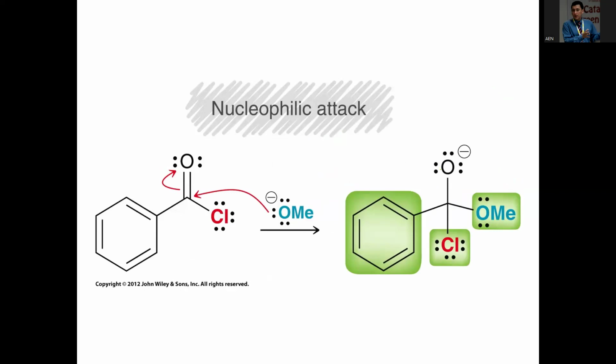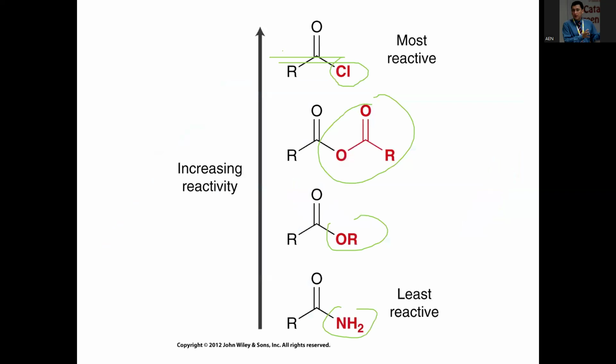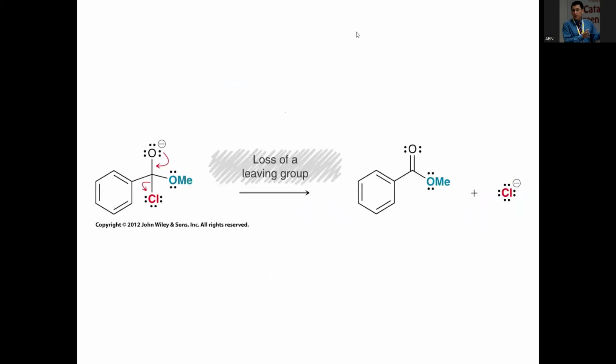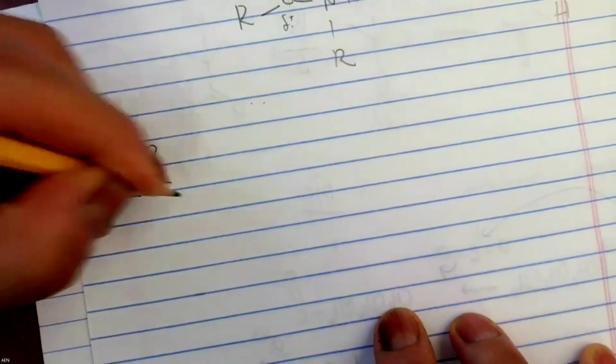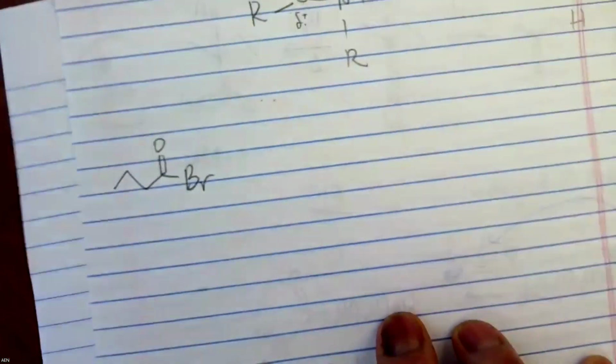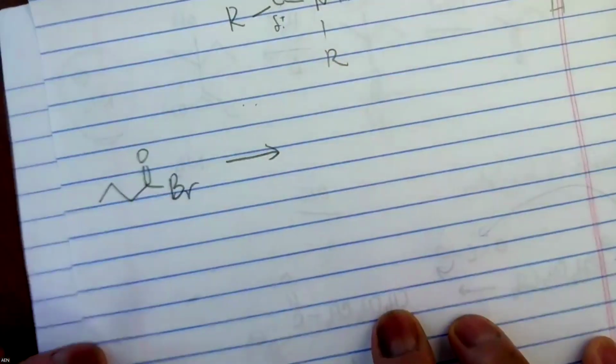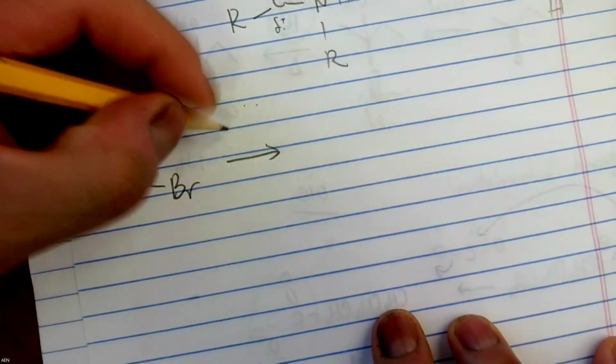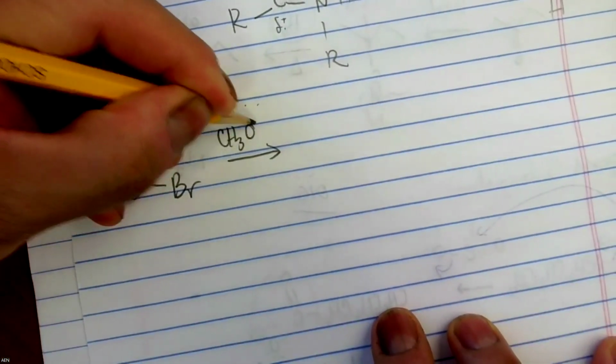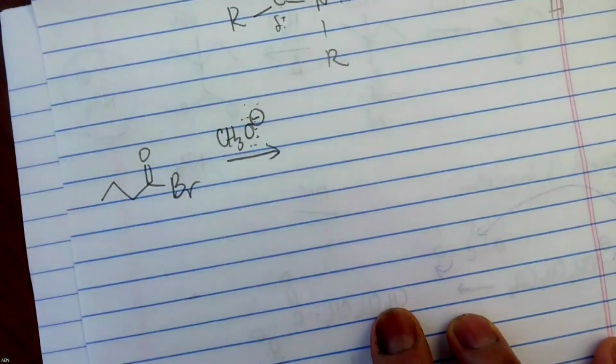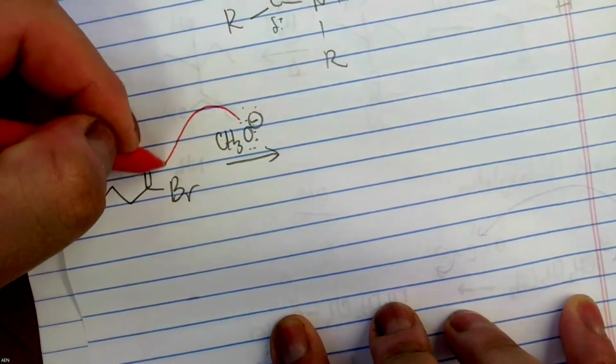For example, how to make an ester from an acid halide. I will show you the mechanism. For example, if I have a bromide, the bromide, if I attack it with methanol or methoxide, the methoxide will attack the carbon.